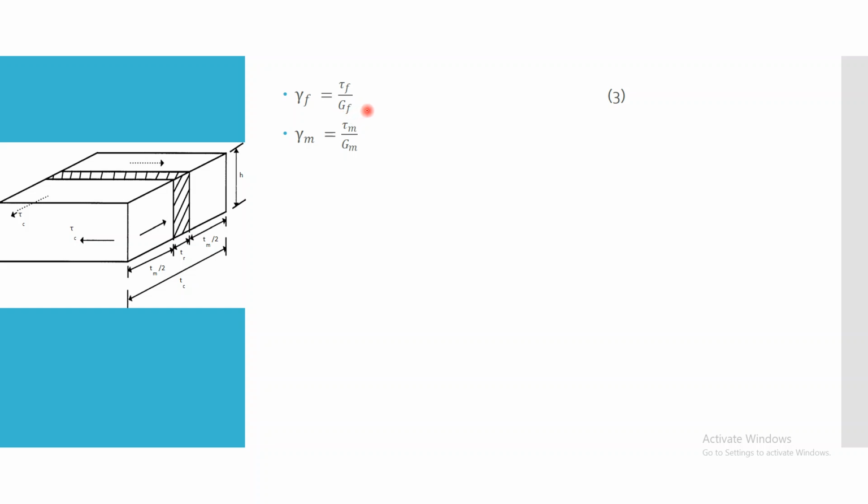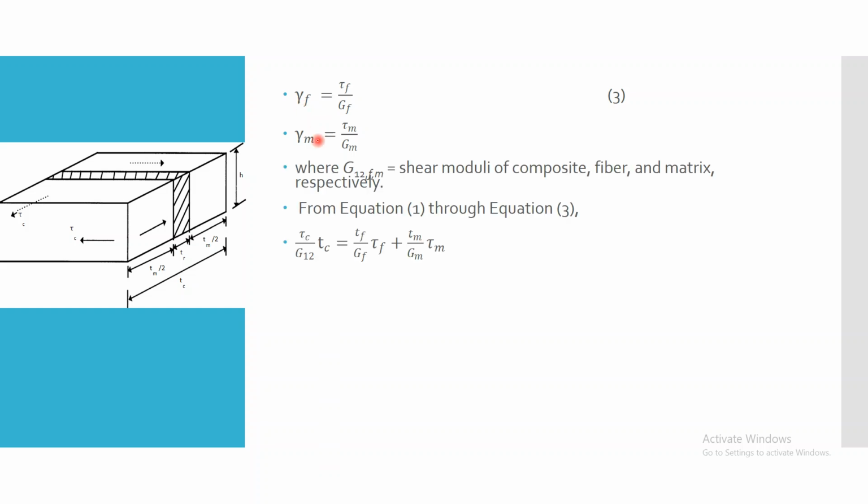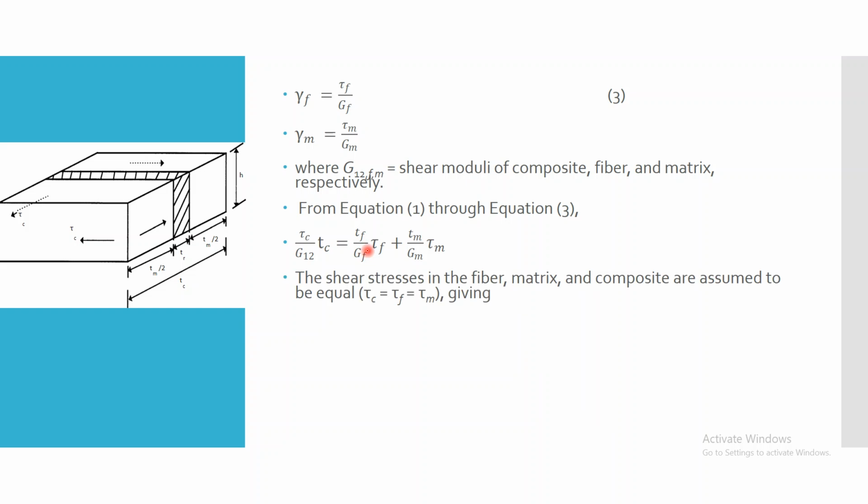Next, I can substitute gamma F, gamma M and gamma C into equation number 1. If you substitute that, it becomes tau C divided by G12 into TC, equal to tau F divided by GF into TF plus tau M divided by GM into TM. Next simplification: if you look at the shear stress values, these shear stresses are equal, because throughout it is a plane surface.